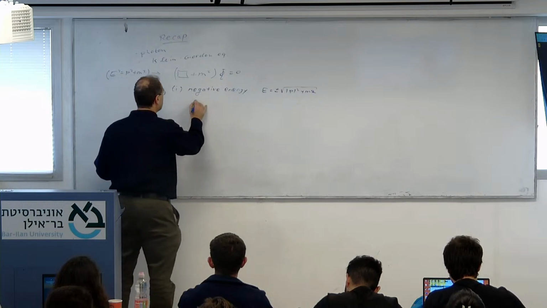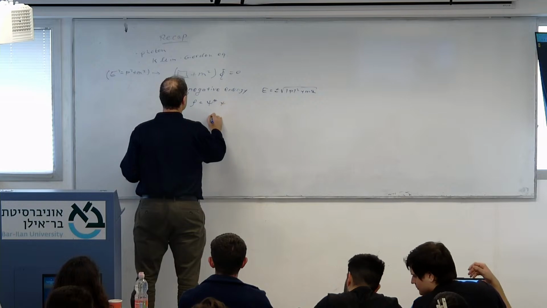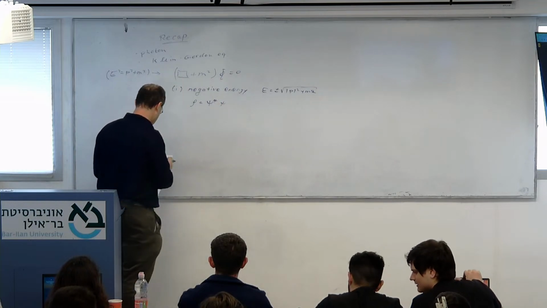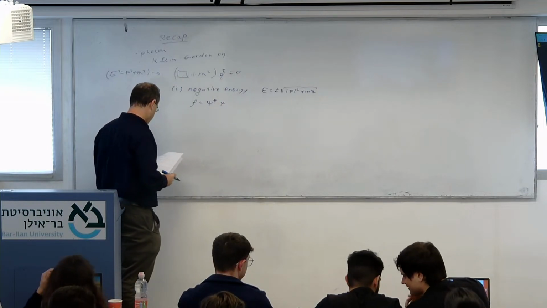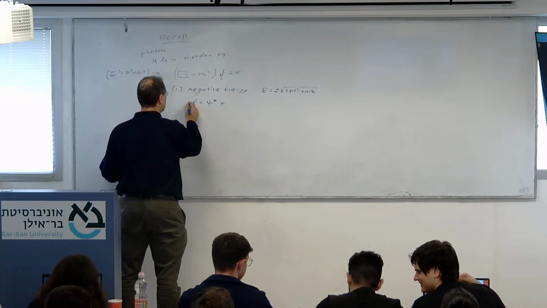So remember, the probability was psi star psi. This is general probability. And for the Klein-Gordon field, we had rho, J mu, general.